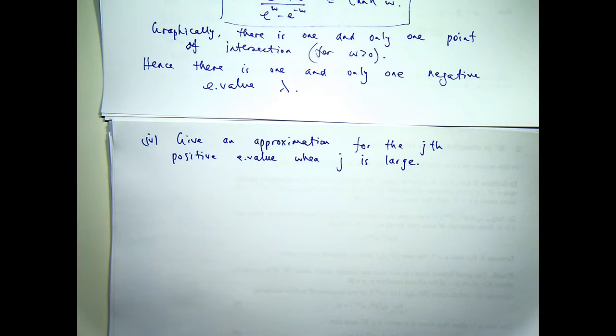Now we're also asked to give an approximation for the jth positive eigenvalue when j is large. And again, I'm going to do this graphically.